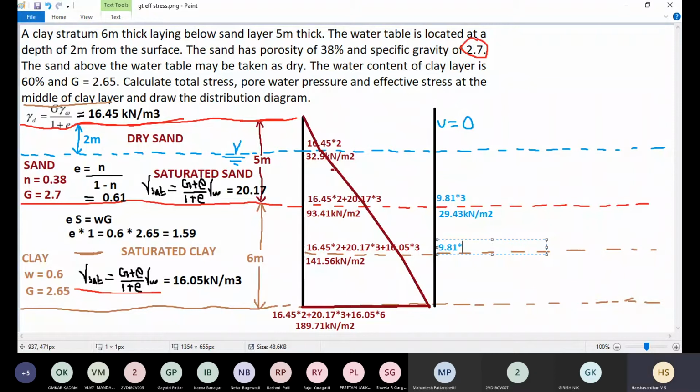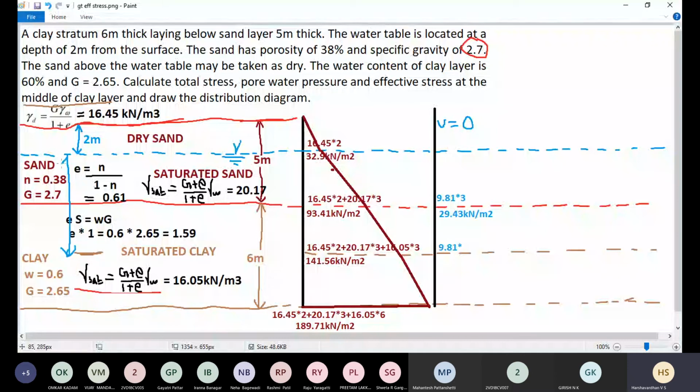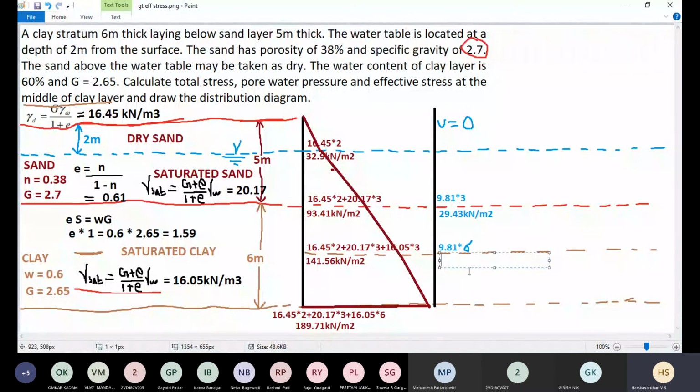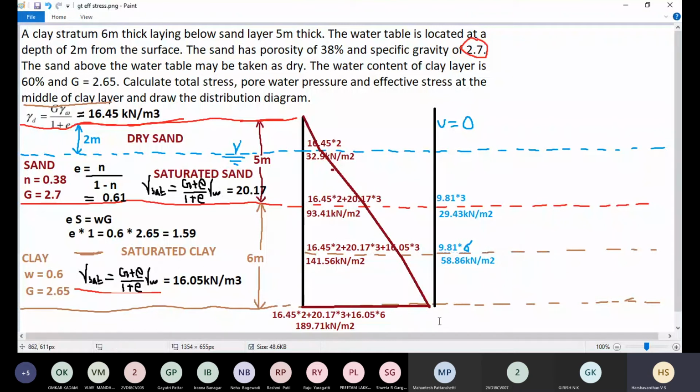What is this distance from the center of clay layer to the water table? 6 meter. It is 6 meter. So what is the pore pressure? 58.86 kilonewton per meter square.